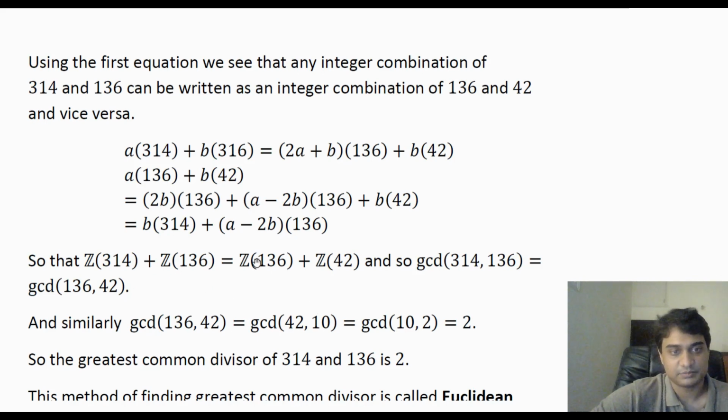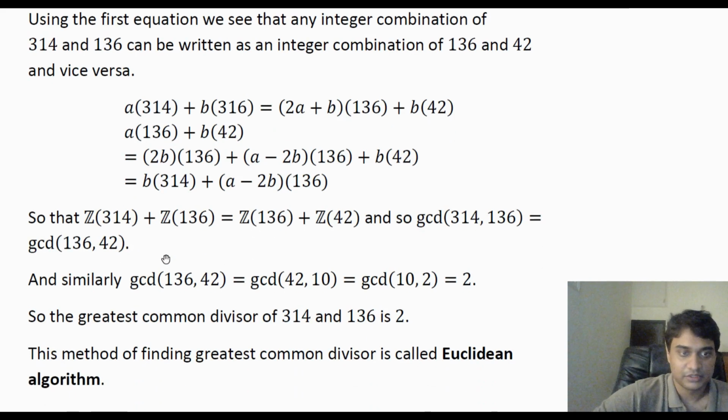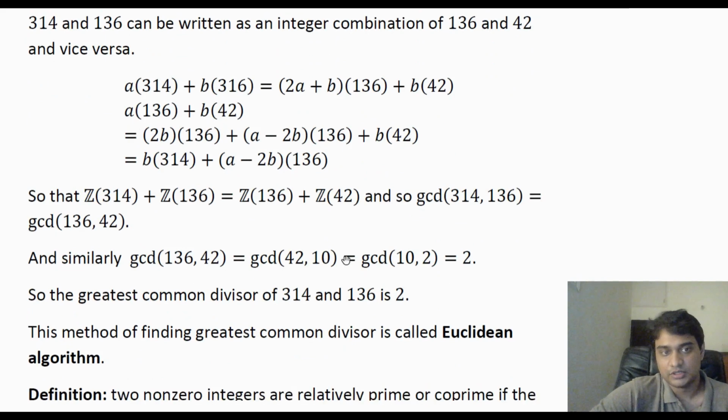So this is a subset of this, and also this is a subset of this, because the converse is also true, right? So we have Z314 plus Z136 equals Z136 plus Z42. Since both 314 and 136 are not 0, the smallest positive integer of this set is the greatest common divisor of both 314 and 136, right?